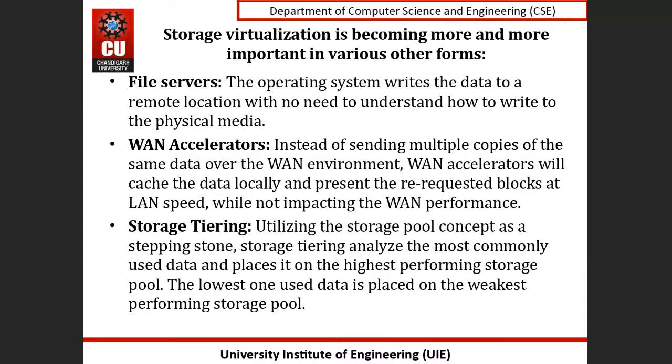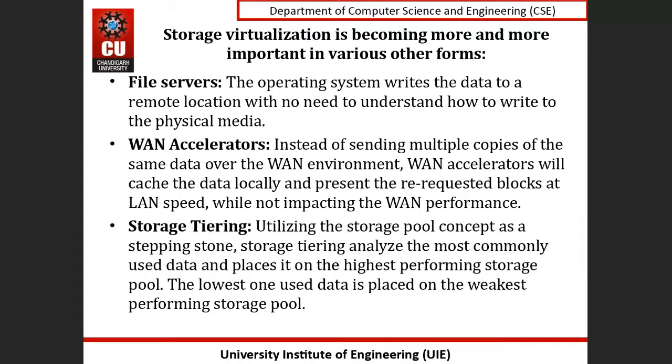WAN accelerators: instead of sending multiple copies of the same data over the WAN environment, WAN accelerators will cache the data locally. That means instead of sending, when we have a WAN, that means wide area network, accelerators handle data that need not be sent every time, or multiple copies we are sending over there. Instead, it just locally caches the data and presents the re-requested blocks at LAN speed.